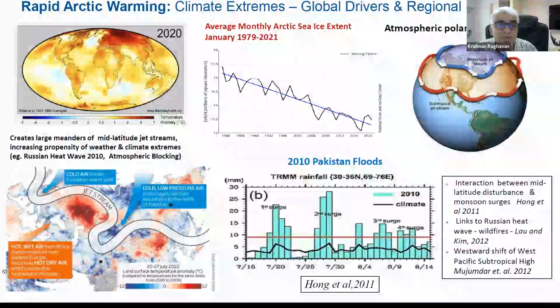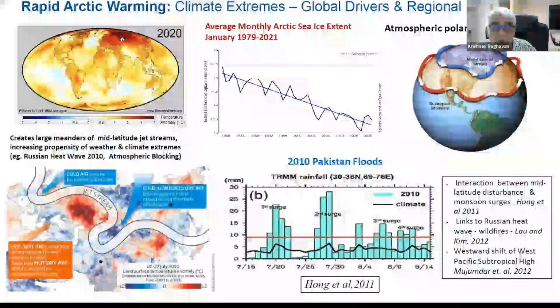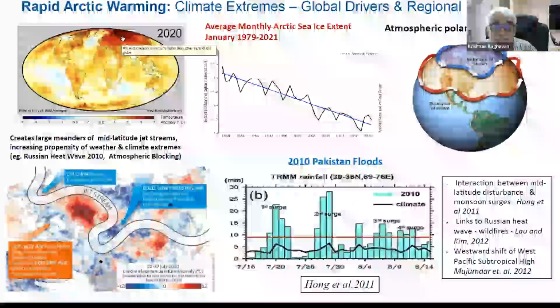For example, during 2010, we had the Russian heat wave. It was associated with variations in the jet stream. There was also the Arctic amplification, strong warming in the polar Arctic region.